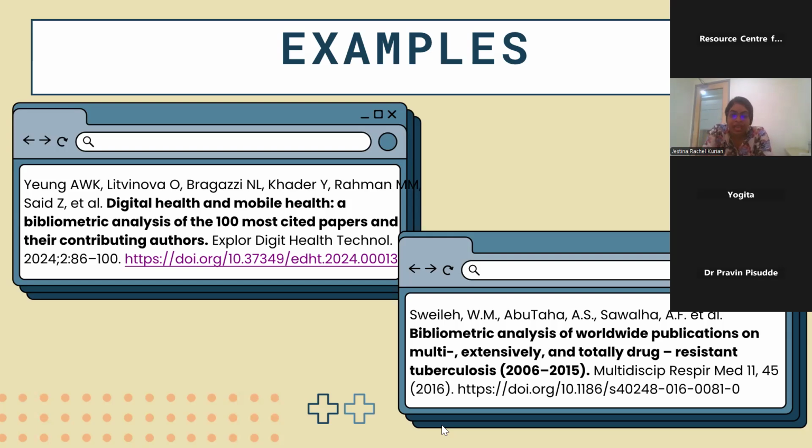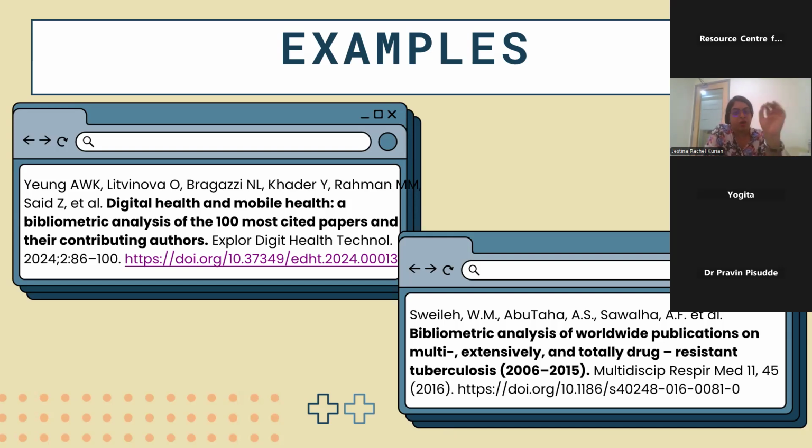Okay. So the aim is that they're analyzing the top 100 cited digital papers. Top 100 most cited digital papers means the most impactful in terms of citations.